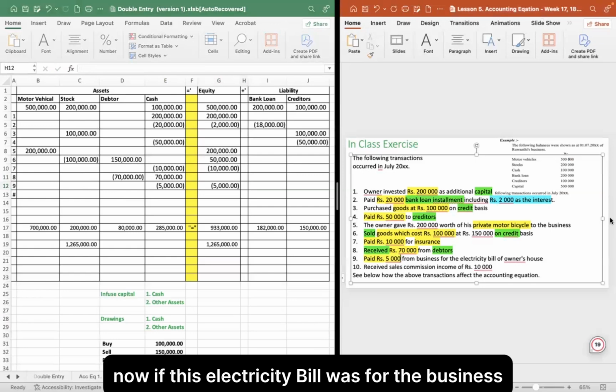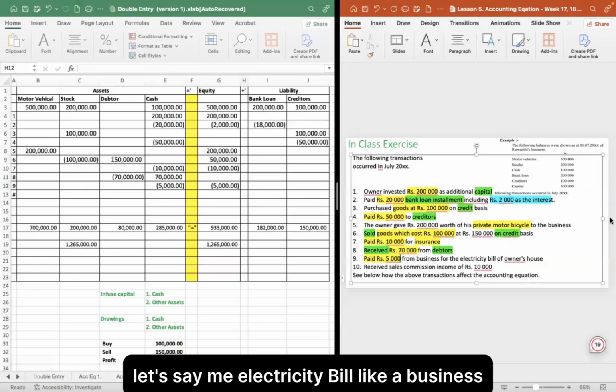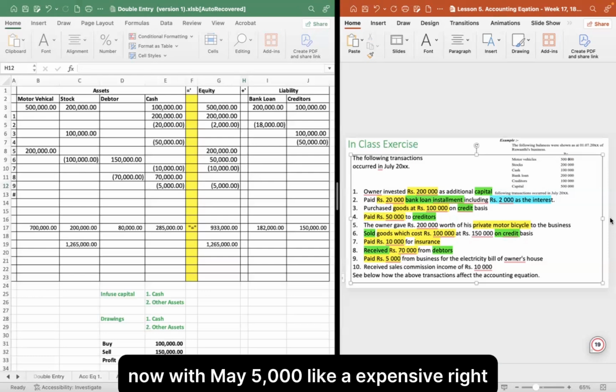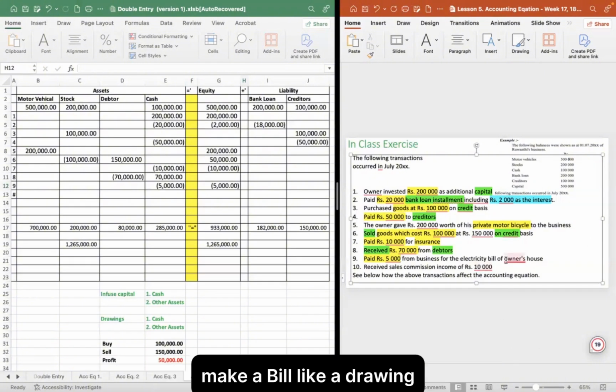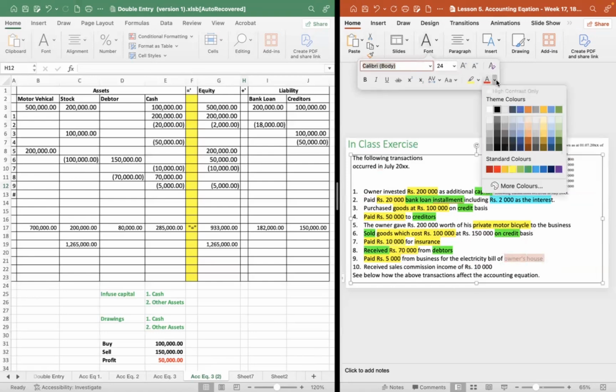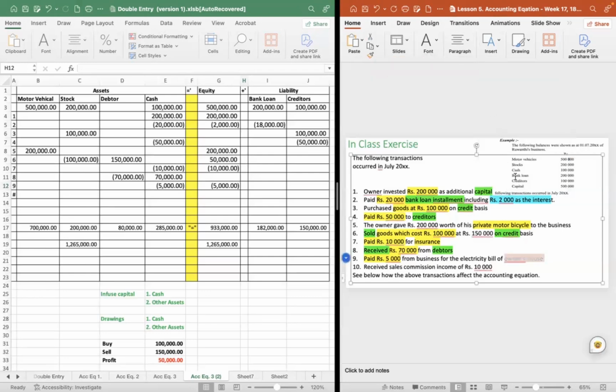Okay, now if this electricity bill was for the business, let's say the electricity bill was paid for a business requirement, then it is an expense. But this 5,000 is not an expense. This is a drawing, because it is the electricity bill of the owner's house that is being paid.